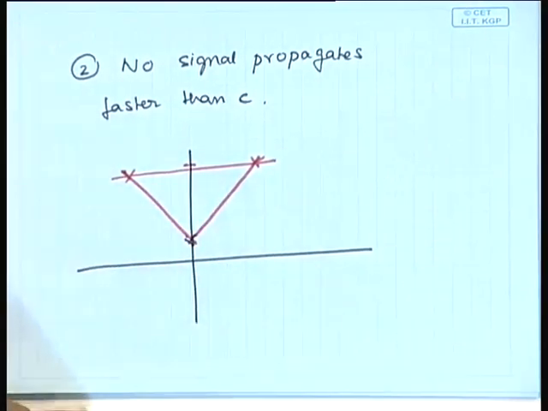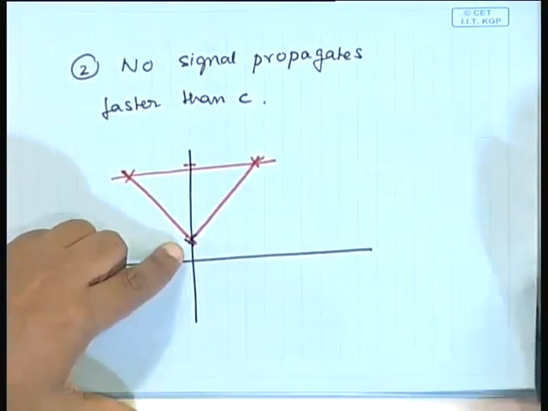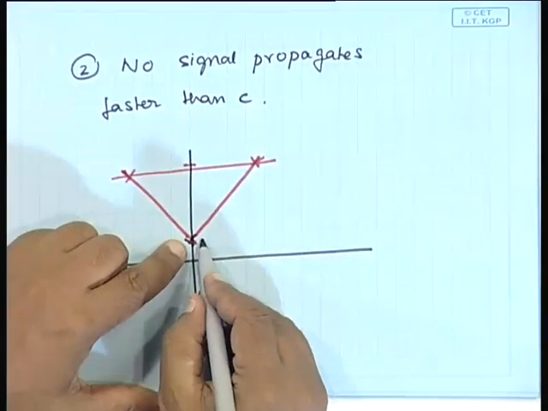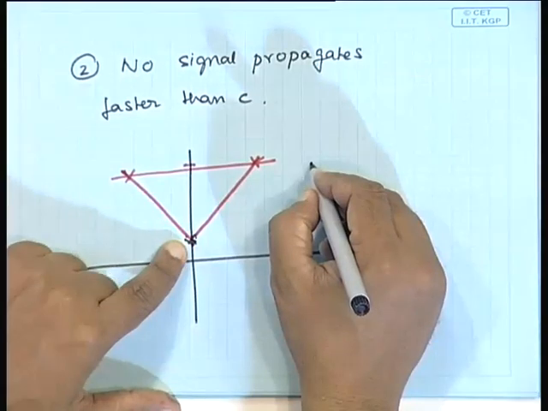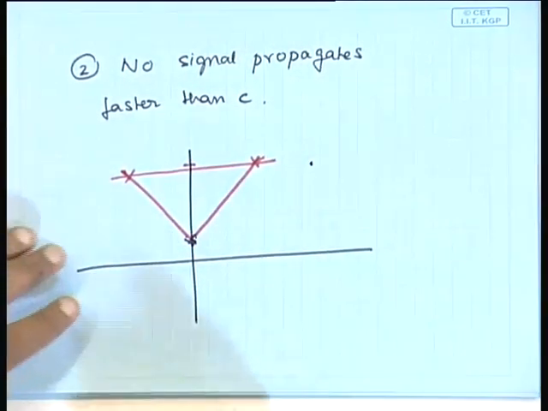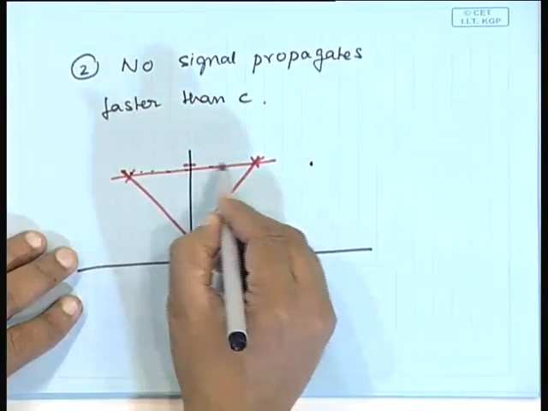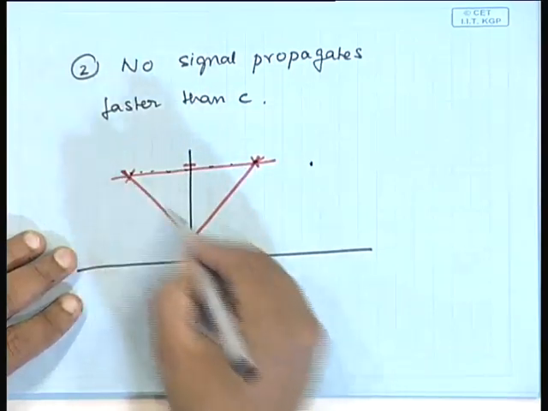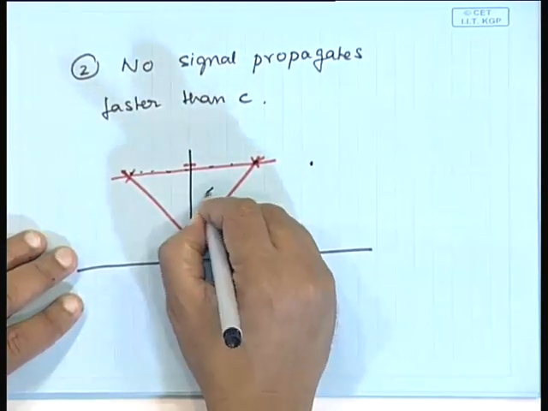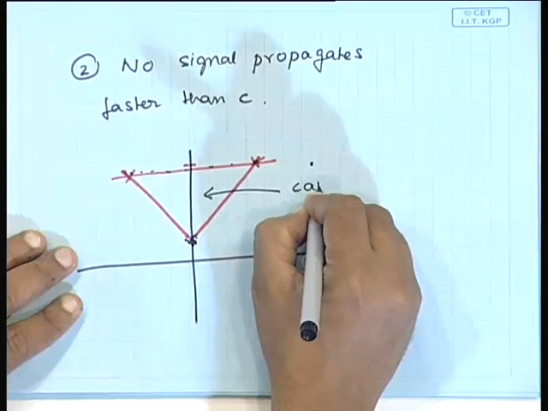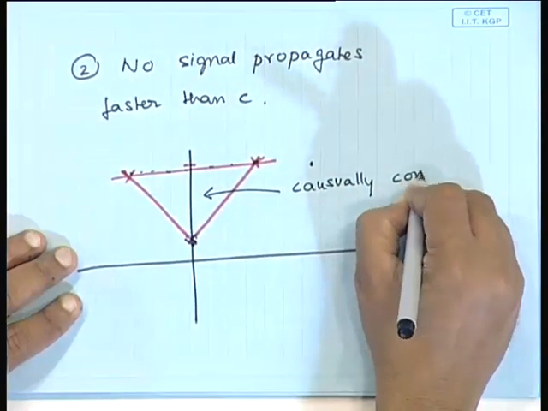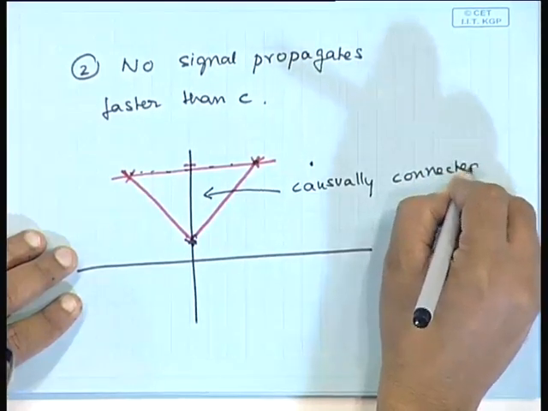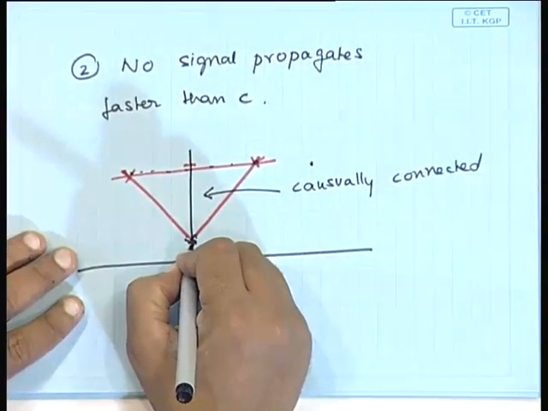So this observer over here, this person sitting over here, at this time, if he sends out a signal, it cannot reach here because that would be moving faster than the speed of light. So all of these events over here inside this are causally connected to this event over here.